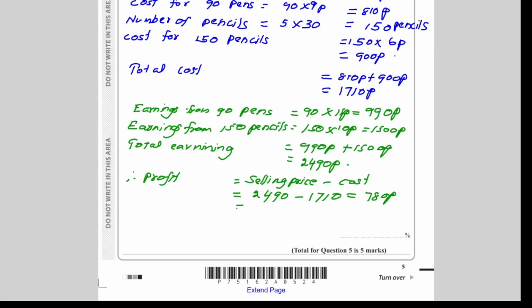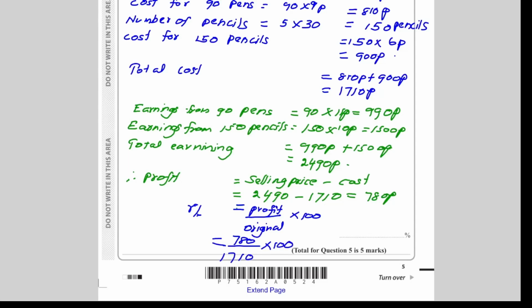Now we can get what the percentage profit is. Therefore, our percent equals profit over original price or cost, into 100. Profit is 780, cost is 1710, into 100.